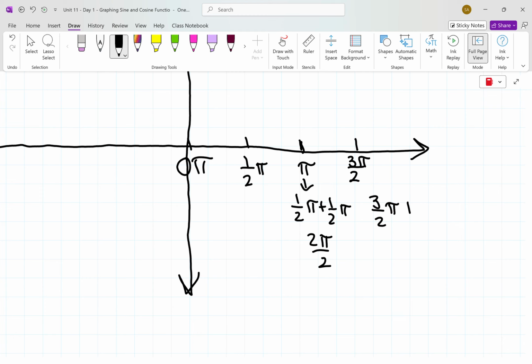So now we're going to take the 3 over 2 pi, and what am I going to add to it this time? Another half pi, which is going to give us 4 pi over 2, which is just 2 pi.